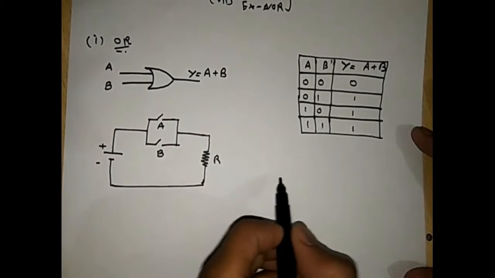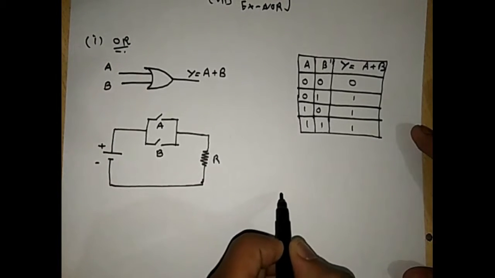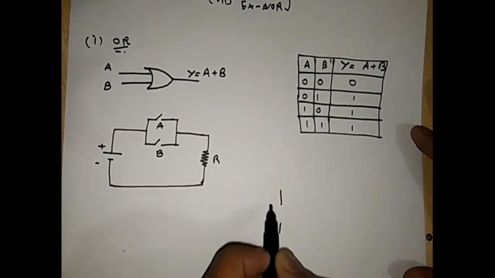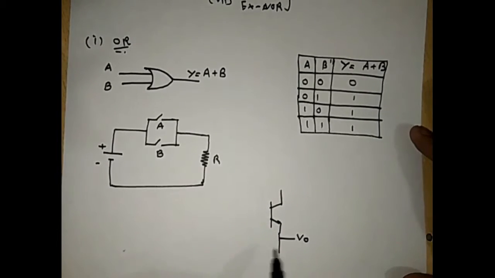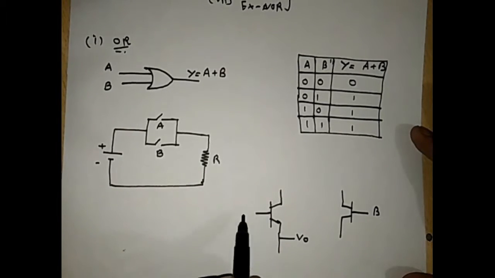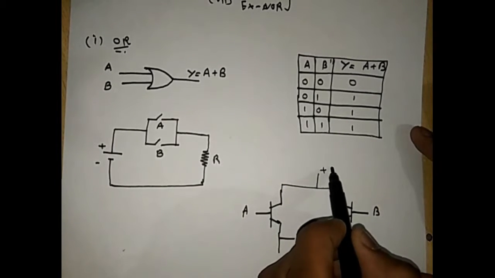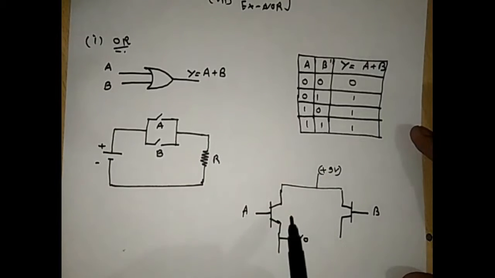Okay friends, and also as an internal circuit structure, suppose we draw the structure with transistors. Here we take the output V0. We have another transistor here, with inputs A and B, and both transistors are connected to the plus 5 volt supply.